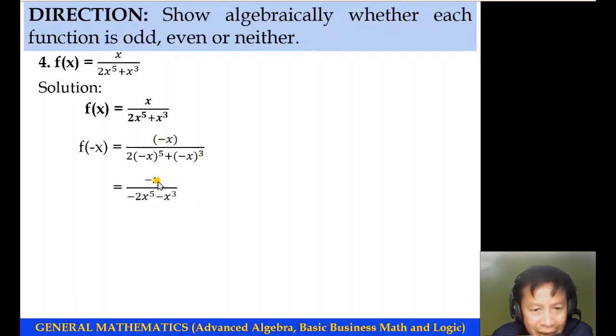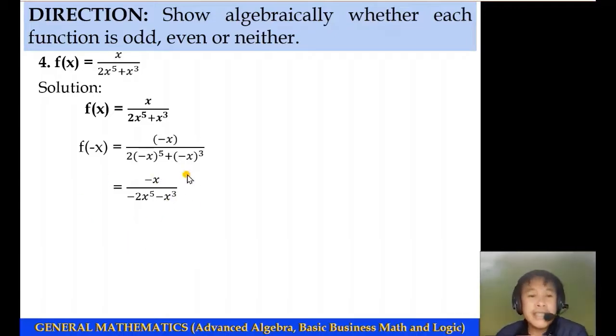Negative x raised to 5 times 2 is negative 2x raised to 5, minus, okay, negative x raised to 3 times 1 is negative x to 3.